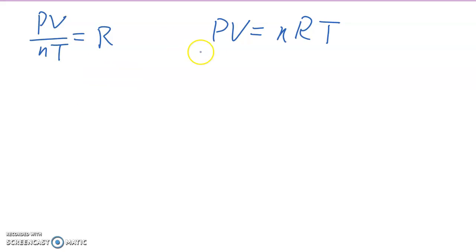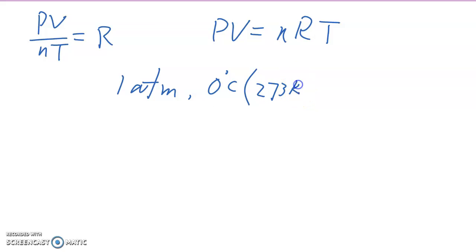I would like to calculate the volume of a gas at 1 atmosphere and at 0 degrees Celsius, that is 273.15 Kelvin, and I have 1 mole of molecules. I would like to know what the volume is.